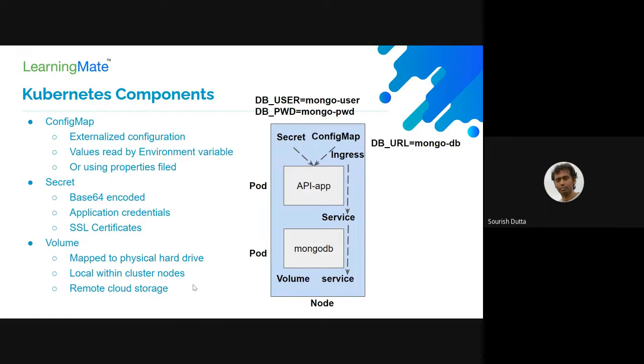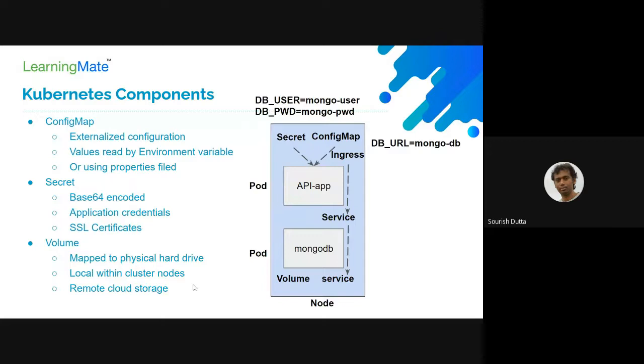So for that we use volumes. Volumes are basically mapped to a physical path on the node on which our cluster is running. That means it can be local storage, or it can be cloud storage like S3 or some other storage, NTFS, or any other physical persistent store that can be mapped.